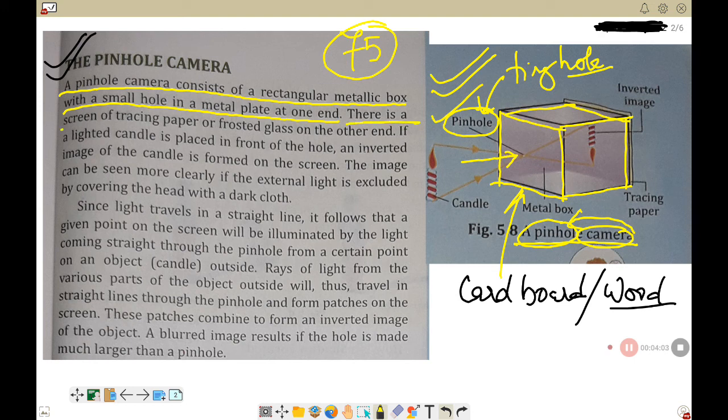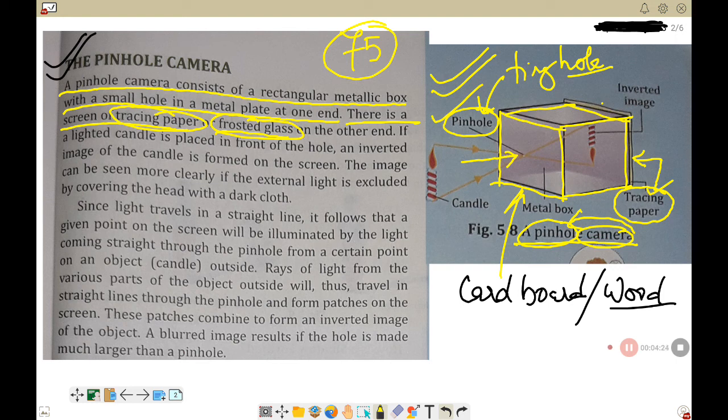There is a screen of tracing paper or a frosted glass on the other side. The other side of the metallic box is covered with the tracing paper. Now, what are tracing paper and frosted glass?